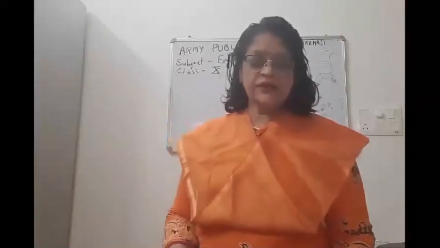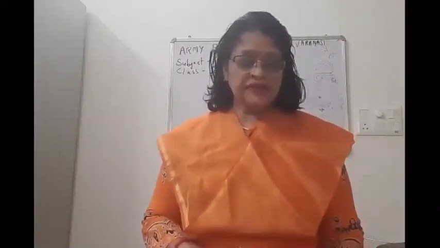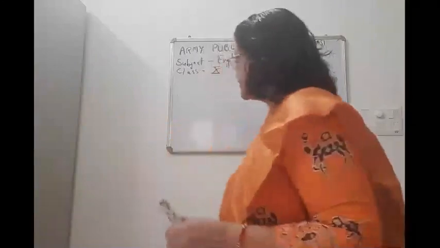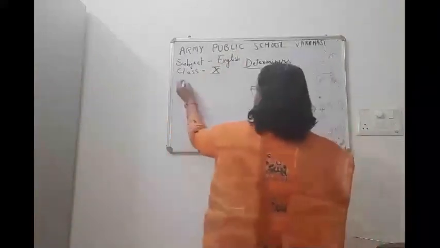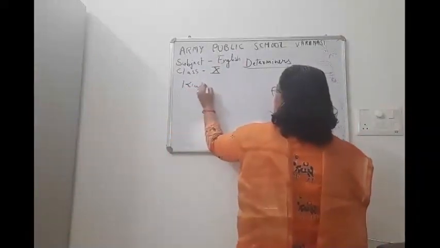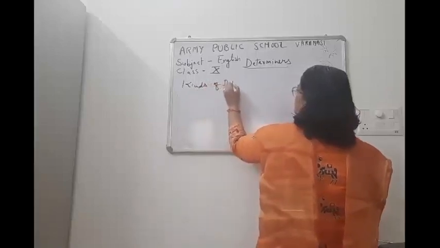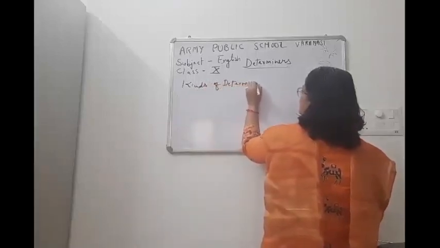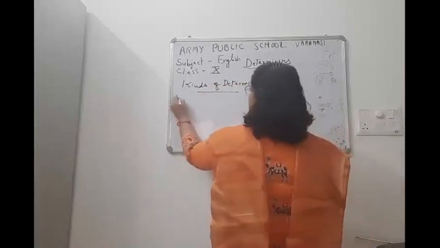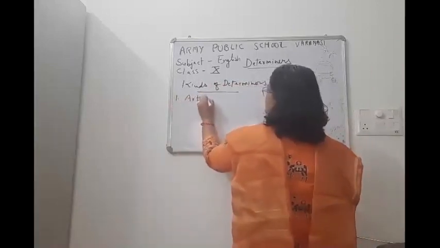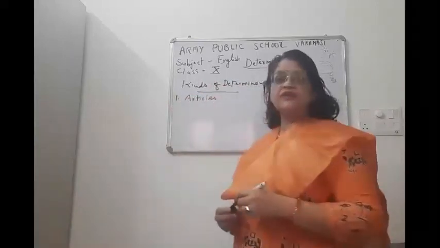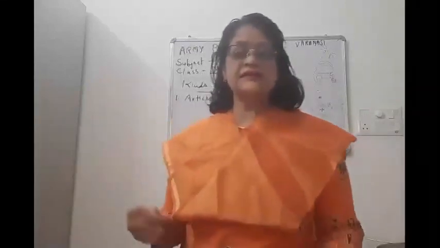Children, I told you there are 8 types of determiners. What are they? First is articles. We were doing articles only. In articles, there are 2 types: definite and indefinite, a, an, and the.